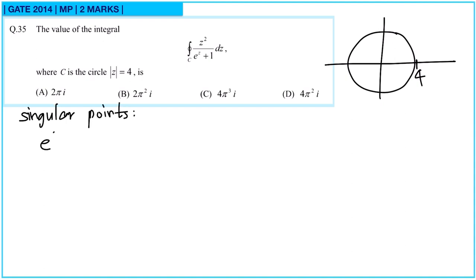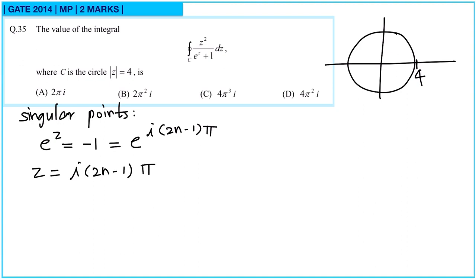For singular points, we have e raised to z plus 1 is equal to 0. So e raised to z is minus 1, which can be written as e raised to i(2n minus 1)pi. That means z is equal to i into (2n minus 1) into pi. So this can be plus minus i pi, plus minus i 3 pi, plus minus i 5 pi and so on.